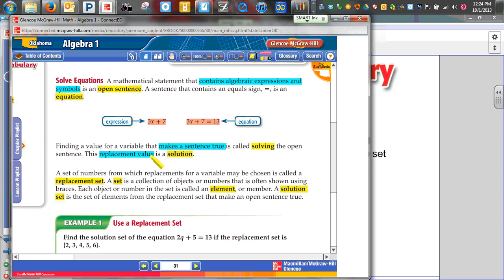Okay, a set of numbers from which a replacement for a variable may be chosen is called a replacement set. A set is a collection of objects or numbers.